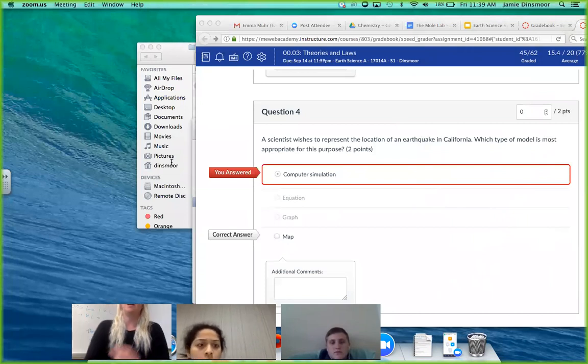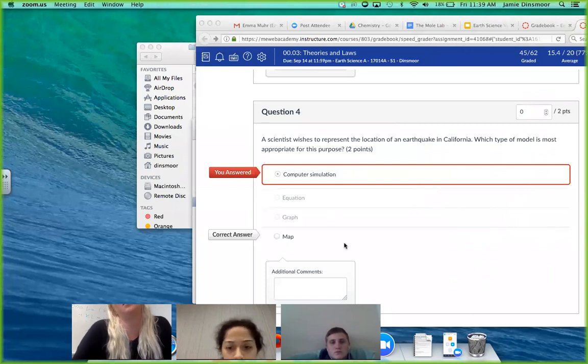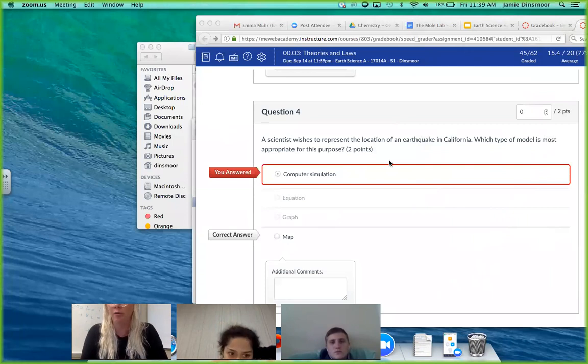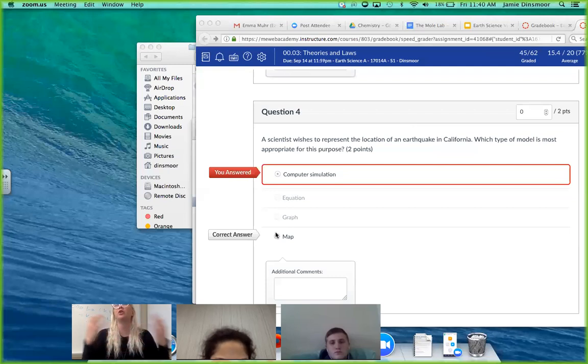Yeah, so I think your thinking is pretty solid here in terms of you're thinking basically like a computer simulation of a map, right? Because that's what they use for weather, it's a map that shows movement or what's going on. So in this case, I think that map is the best answer because they're talking about literally representing geographically where the earthquake is, and not necessarily showing the earthquake happening or how it moves or impacts.